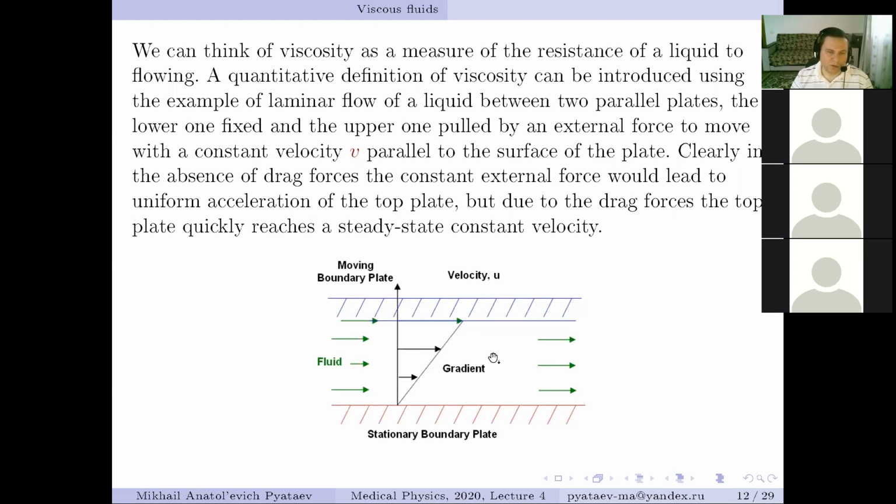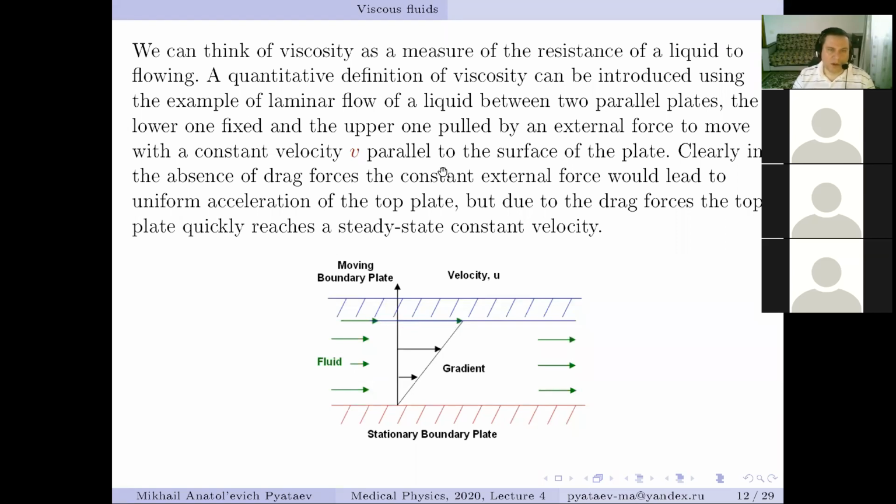Between the plates we assume we have a liquid, and we assume the conditions are such that the liquid's velocity distribution is linear. So it changes linearly from zero at the bottom to the highest velocity u on the top.